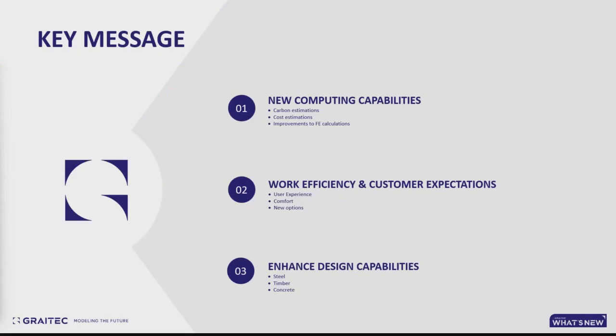It means changes and new options that improve the user experience, but also different smaller points requested by our customers. And the next pillar is related to increase design capabilities for steel, for timber, and concrete structures. And for this, we have a huge number of novelties and improvements.